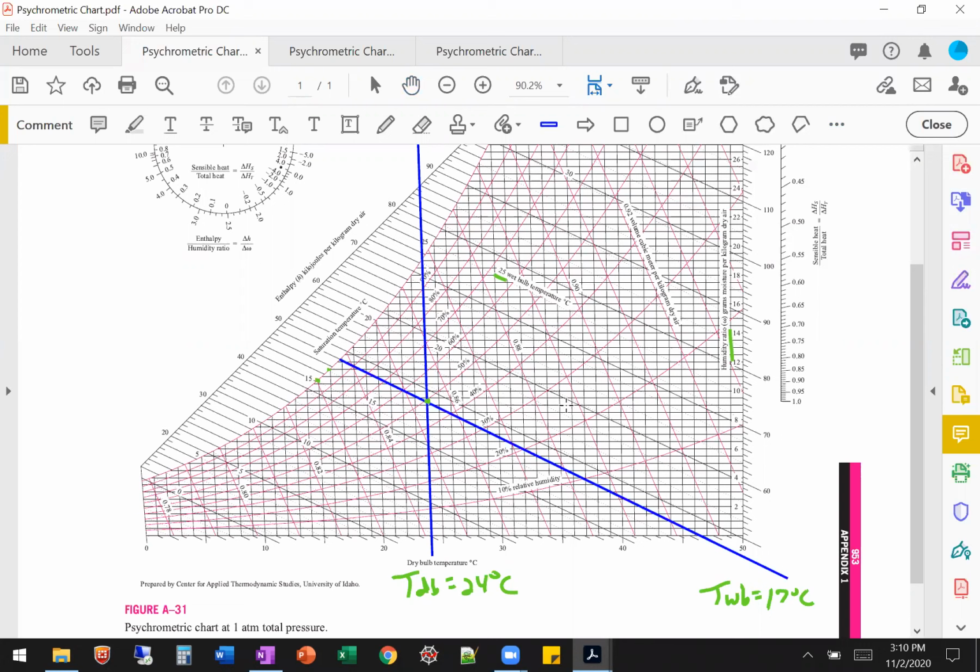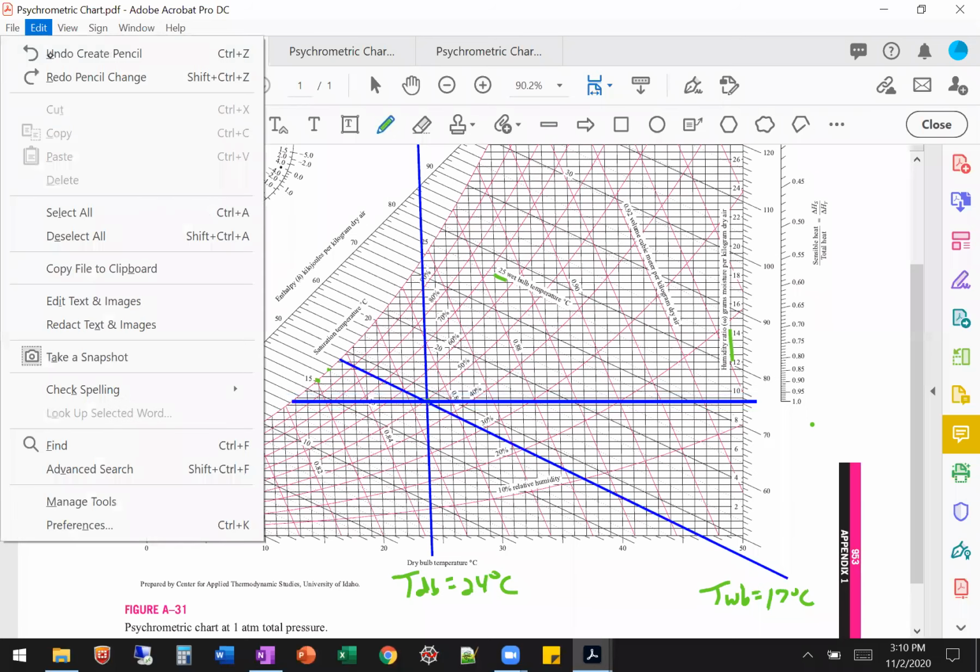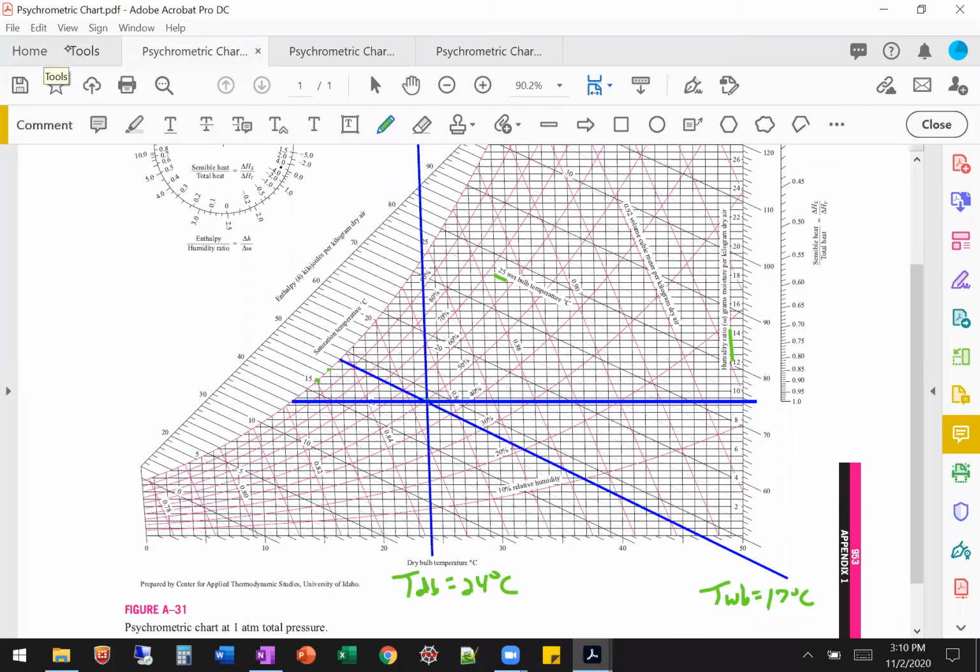All right, so if we draw a line across, now we have where we are for the specific humidity.